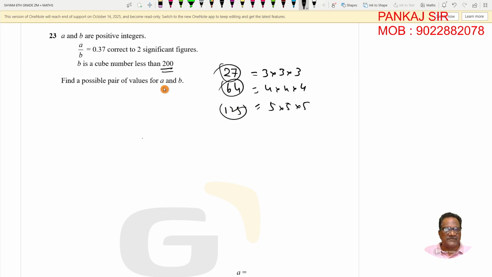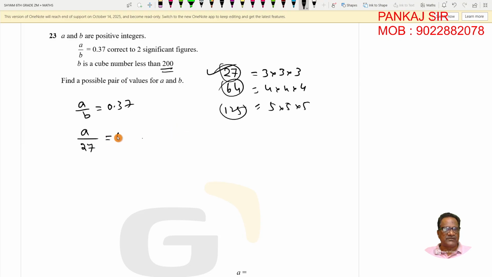Now find the possible values of A and B. So let us say B we are taking as 27. Okay, so A upon B is equal to 0.37. They have given you the equation. Now if I take B to be 27, which I can take because he's saying B has to be a cube number less than 200, and 27 is a cube number and it is less than 200.